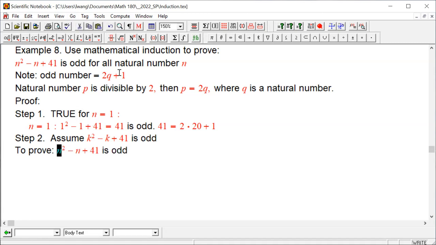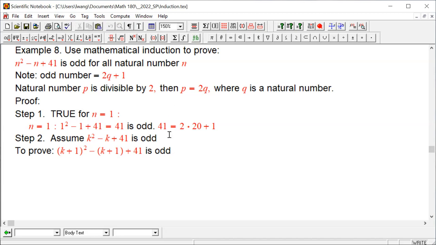So we're going to replace n by k plus 1 everywhere. n is replaced by k plus 1. That's what we are going to prove: that this quantity is going to be 2 multiplied by a natural number, plus 1.